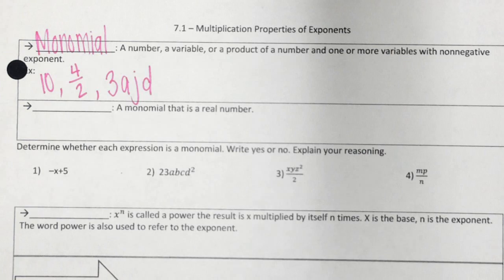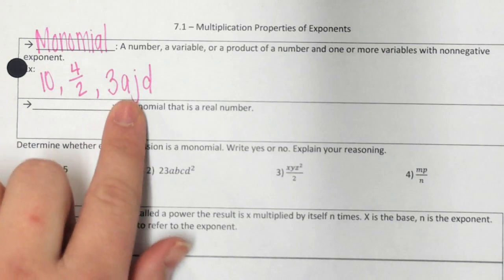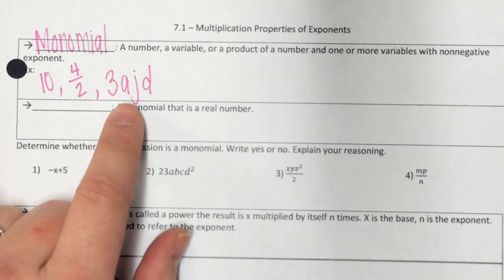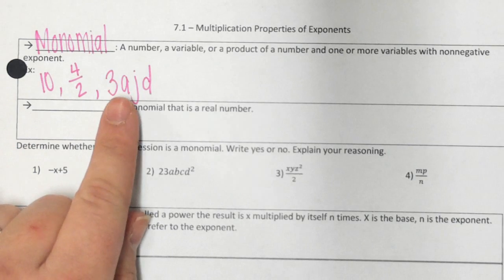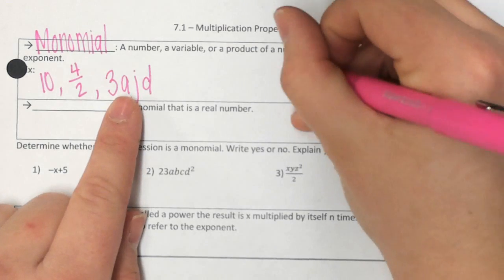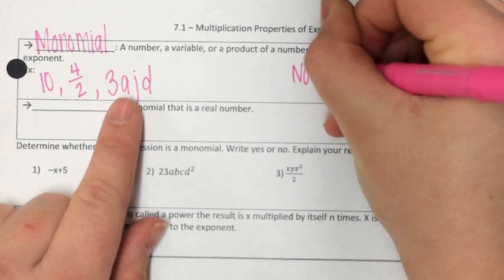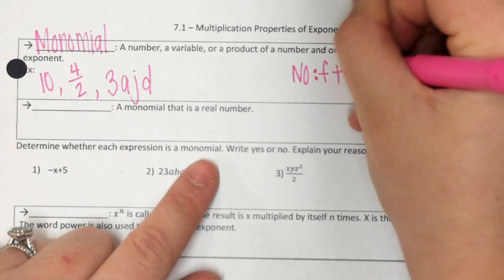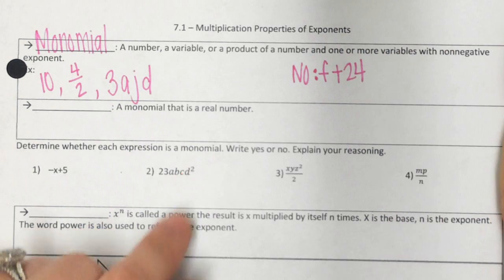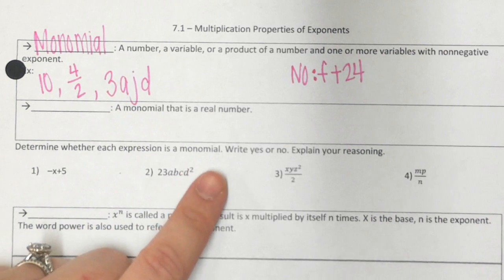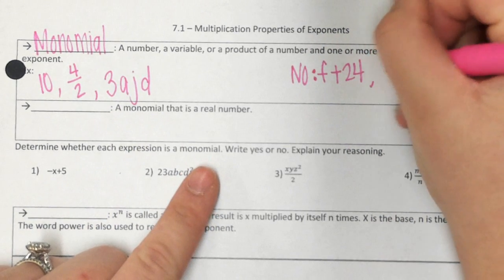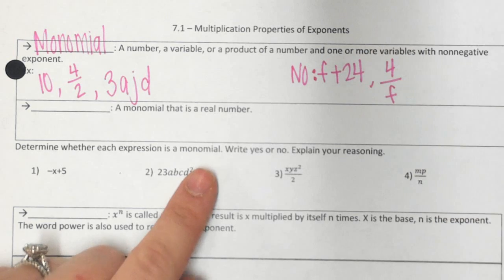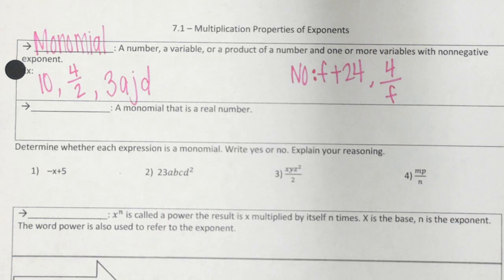Basically, a monomial is you can have a number in any number of terms as long as you are not adding them, so I can't add f plus 24. I can't divide by a variable, so I can't divide by f.